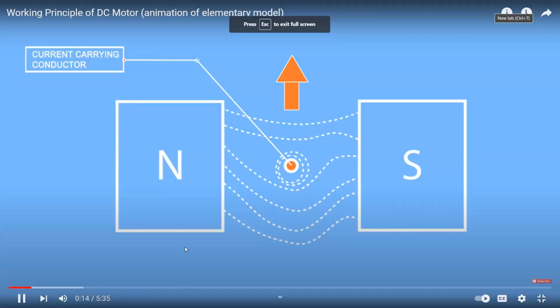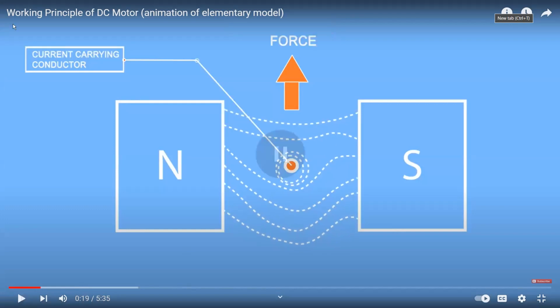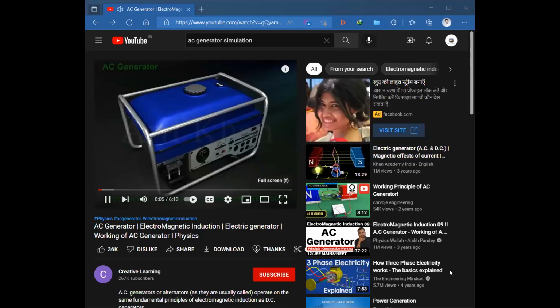Okay. Now, what's happening is we have a current. No, wait. This is a DC motor, not a DC motor. Just a second. Now, can you see the screen?